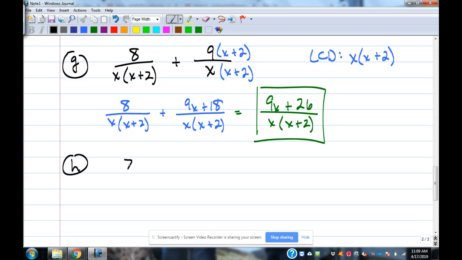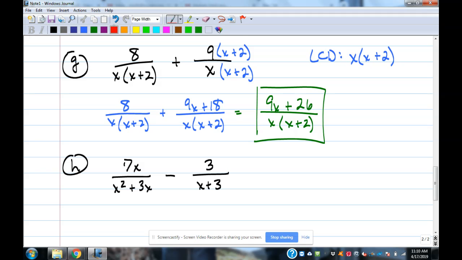Let's do this one. 7x over x squared plus 3x, minus 3 over x plus 3. All right, so this one's a little bit different. What do we notice about the denominator of the first fraction?